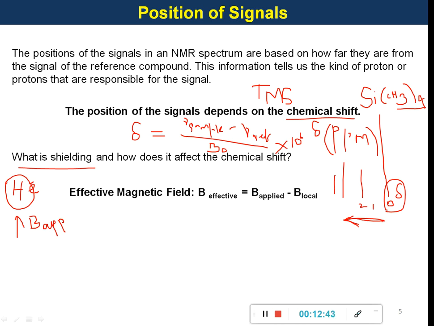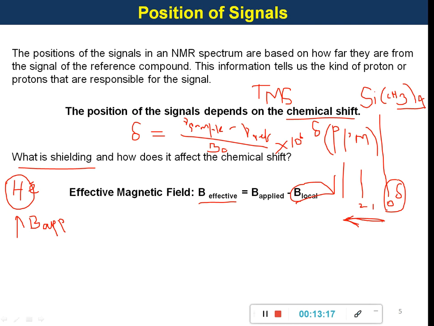In a magnetic field, electrons go around the nuclei and induce a local magnetic field that opposes the applied magnetic field. So the effective magnetic field is what the nuclei sense through their electron filled environment. So B effective is equal to B applied minus B local, where B applied is the magnetic field that we apply, and B local is the magnetic field supplied by the surrounding electrons around the nuclei.